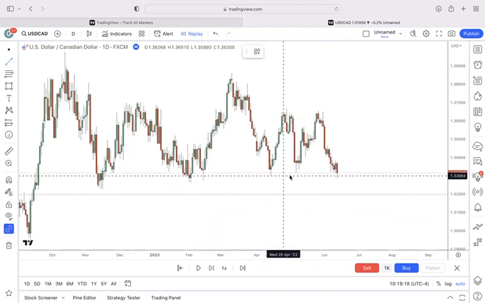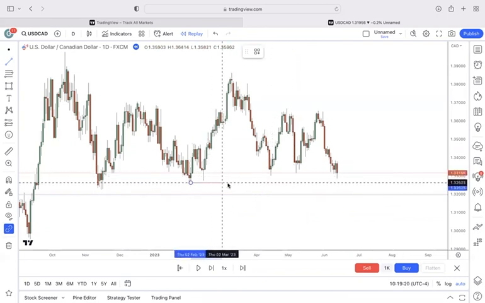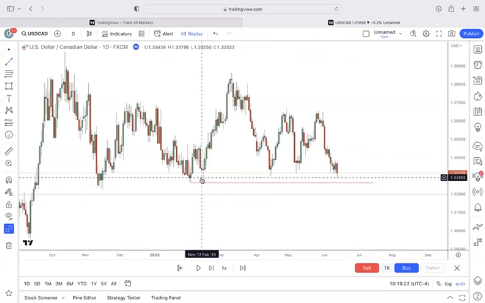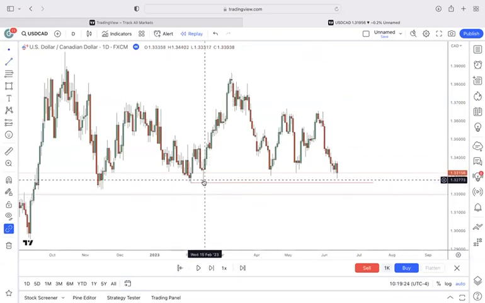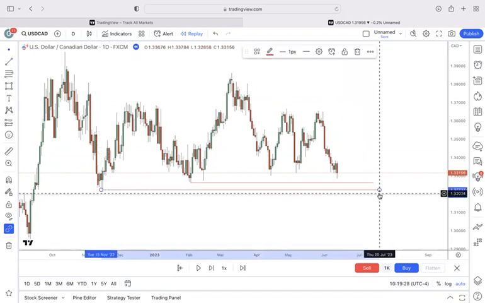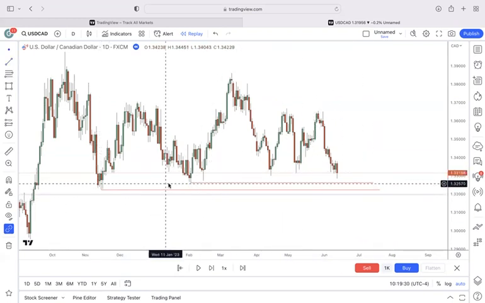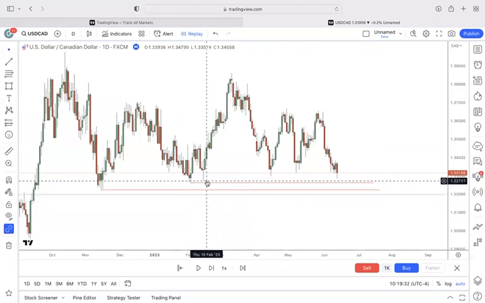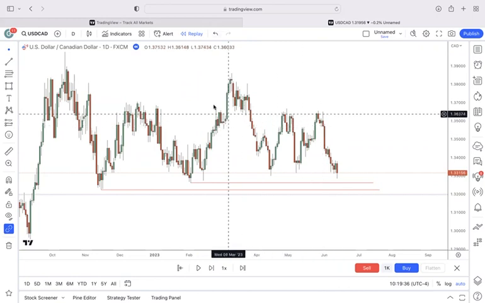We ticked below these two lows, but mind you, we have yet to take out these two lows. We have yet to take out the low down here. So that's a PD array, okay? Old lows. And mind you how equal they are and pretty and clean.